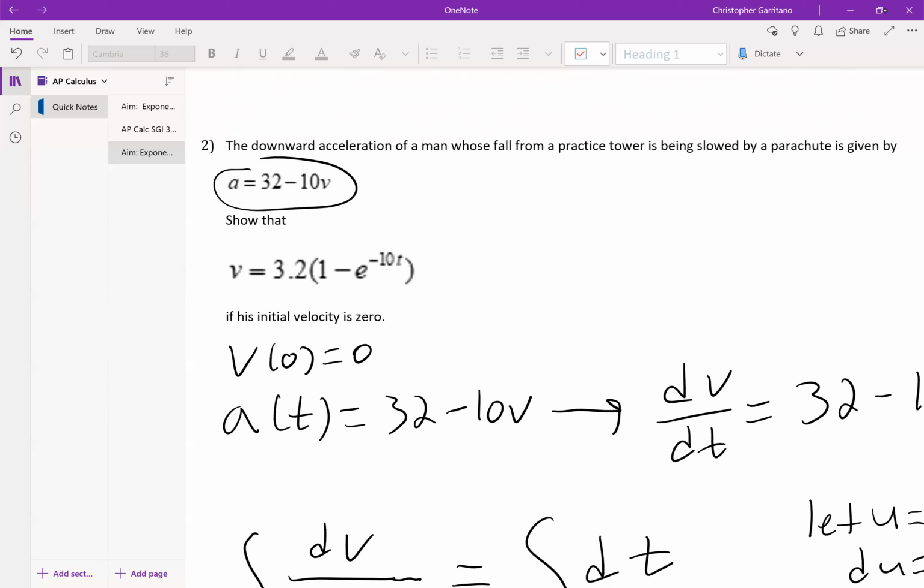So what I like to do is write out the information given. Well, v of 0 equals 0, that's easy. We also have a of, I guess this is technically a of v, no, I'm going to leave it as a of t. Sorry, it is a of t because velocity itself is a function of time.